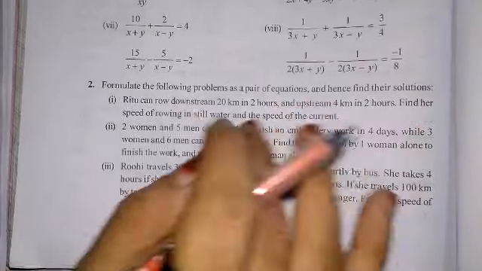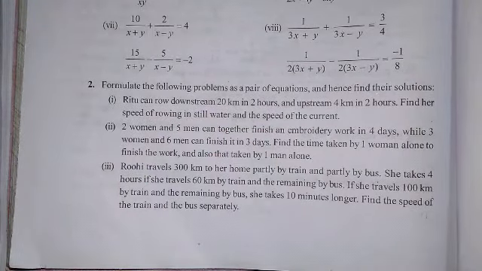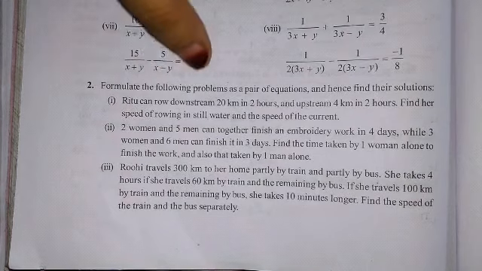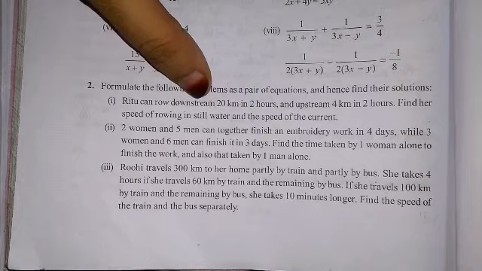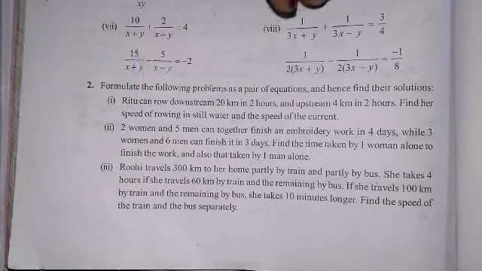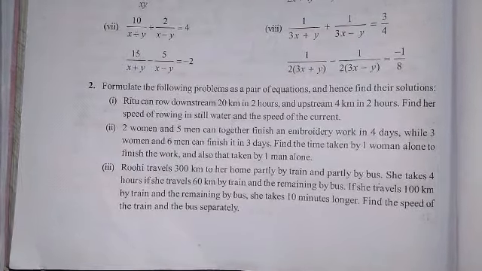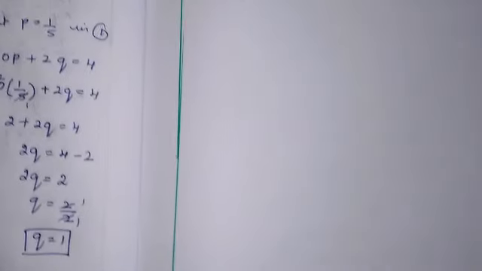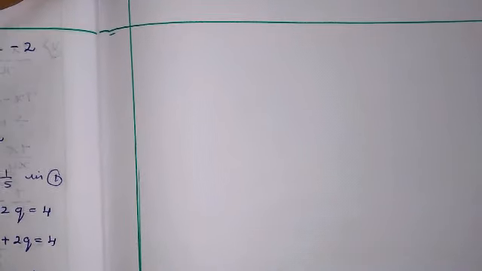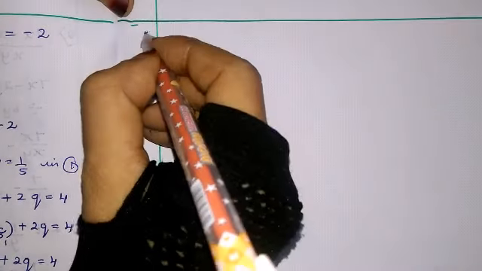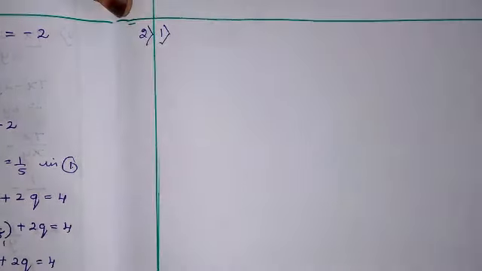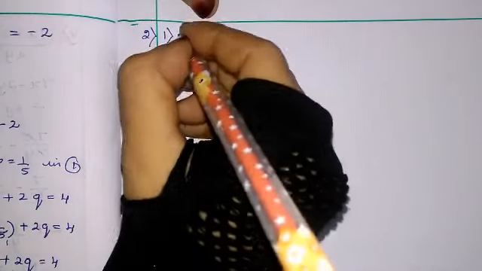This question is very easy. One thing you should remember here is upstream and downstream. As we go upstream, we have to subtract, and downstream it will be adding. So let me write the solution for this. First, this is a word problem, so let me write the statement properly.